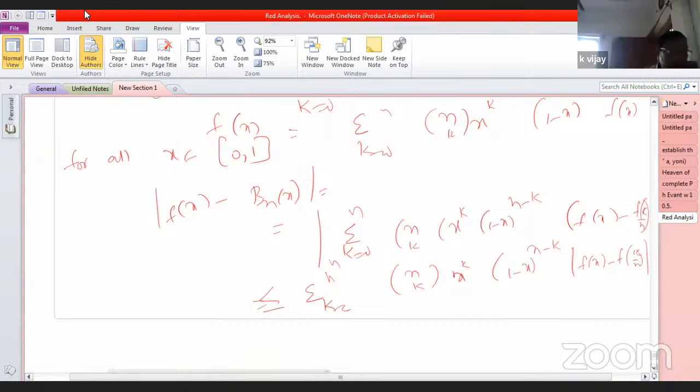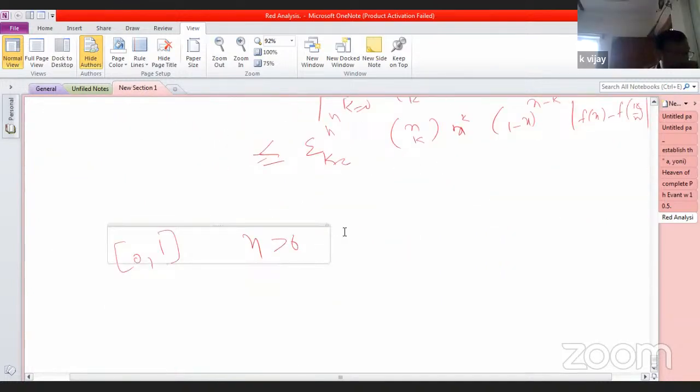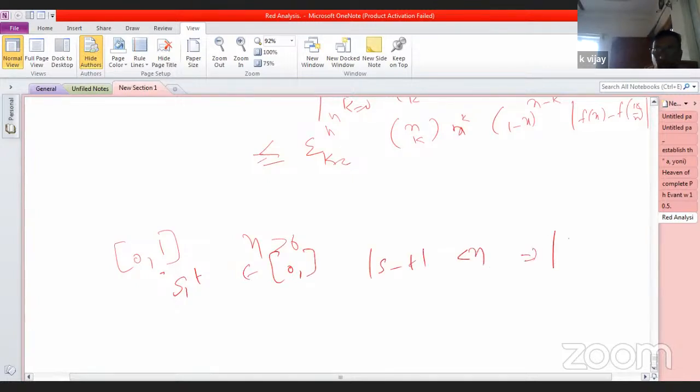So on [0,1], there exists delta greater than 0 such that for s, t belonging to [0,1], with modulus of s minus t less than delta. Very good. Now I am telling you: |f(s) − f(t)| is less than what value? Delta by 2.